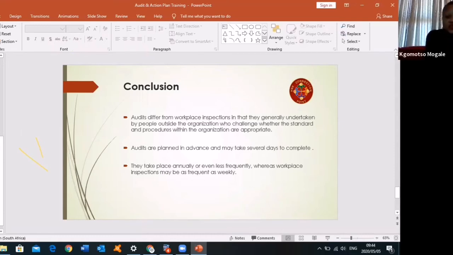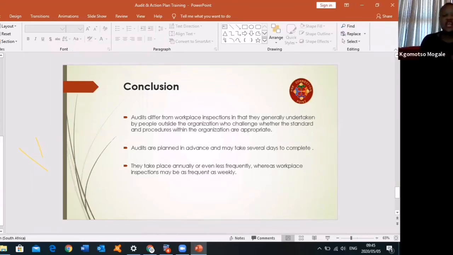They take place annually or even less frequently, whereas workplace inspections may be as frequent as weekly. We know the inspections, we can do them even daily, but the audits can be annually, like I said, or six monthly, the external ones.